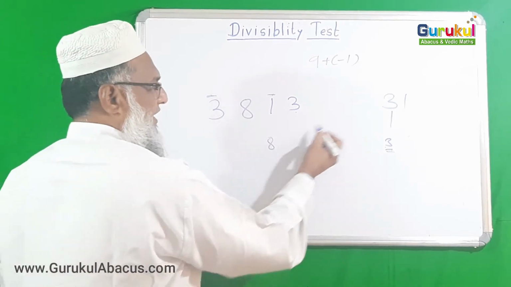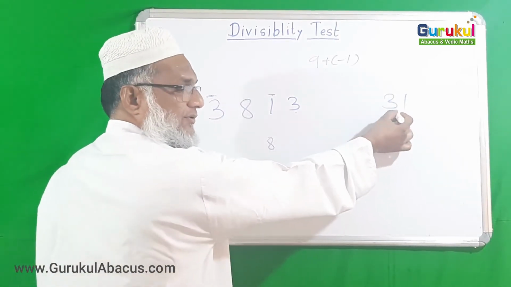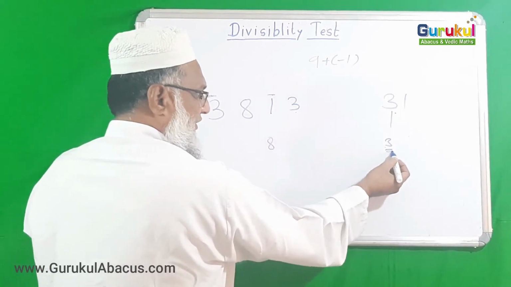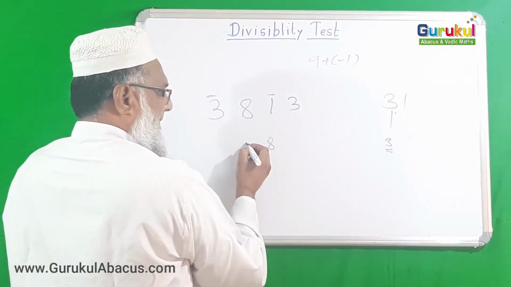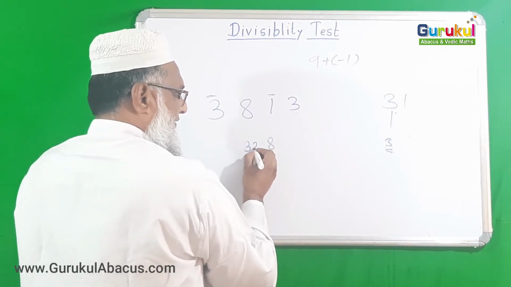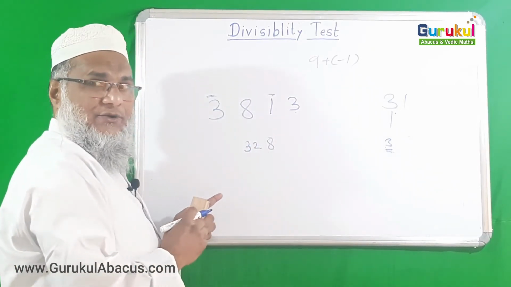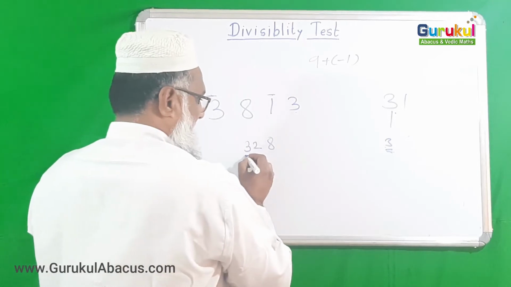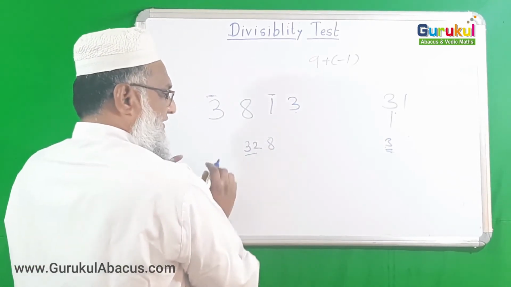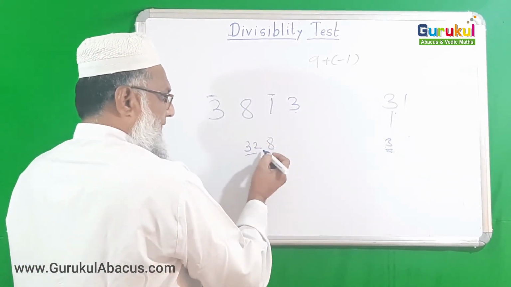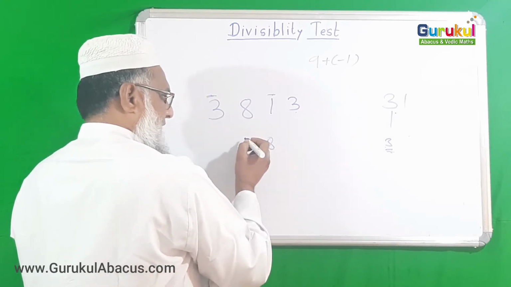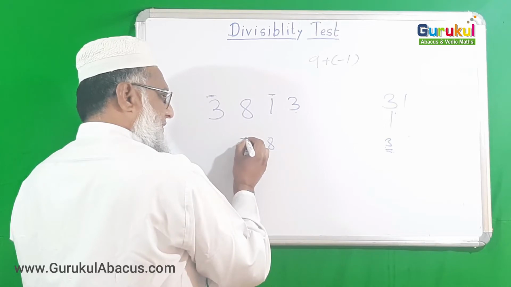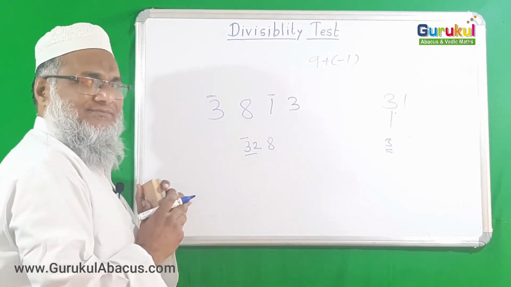Now 8 3s are 24. 24 and the next digit 8, 32. Here is a little understanding. If two digits are there, then out of the two digits, the tens digit should again be with a bar.